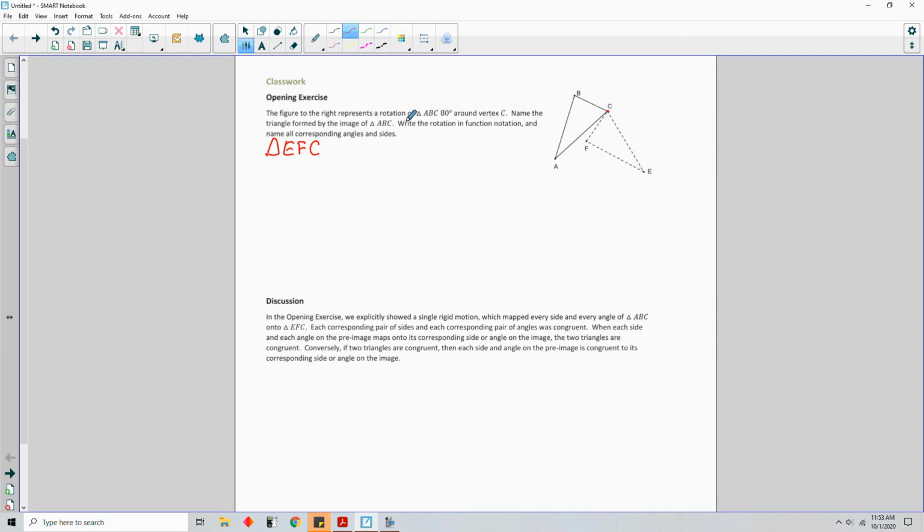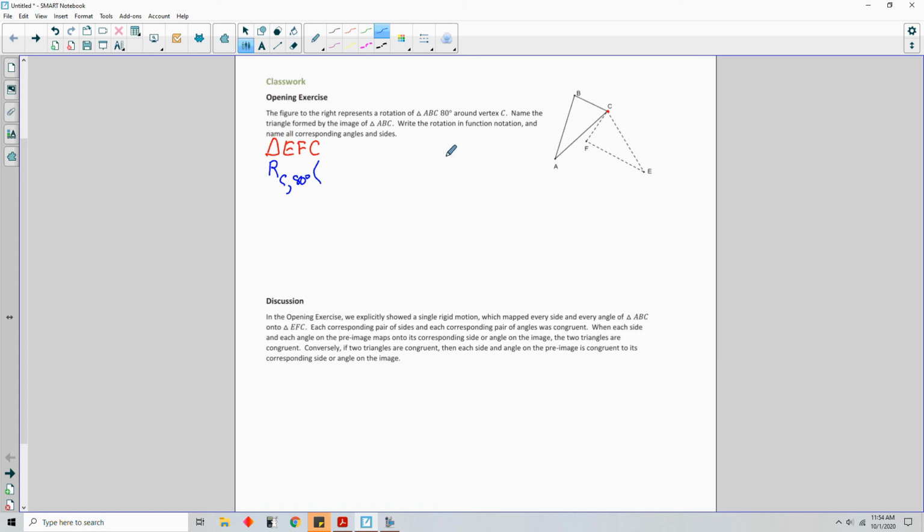All right, so now it says write the rotation in function notation and name the corresponding angles and sides. So this is a rotation, so you use the capital letter R for rotation. We're rotating around the point C, vertex C. So we're going to rotate around C, comma, 80 degrees. And what are we rotating?